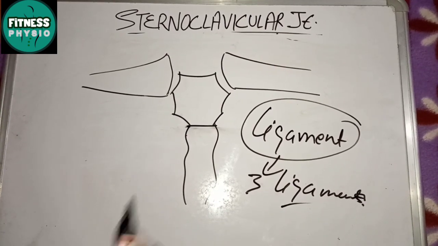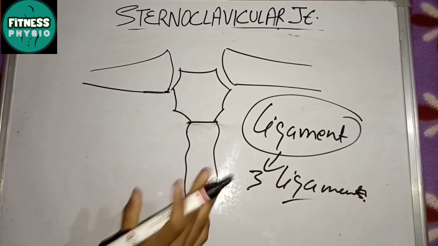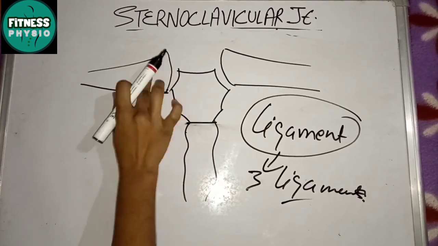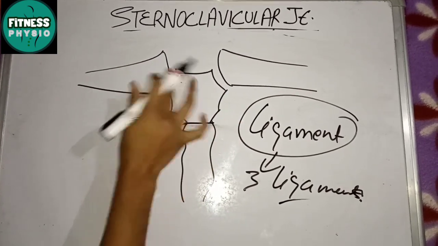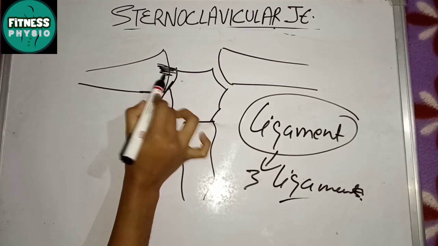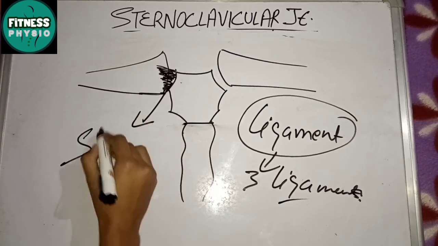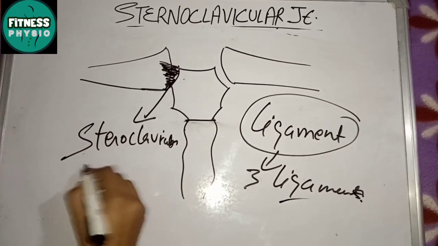First, it's very easy to remember the name of the ligament. How? As you know, this is your clavicle, this is your sternum. The ligament present here is the sternoclavicular ligament.